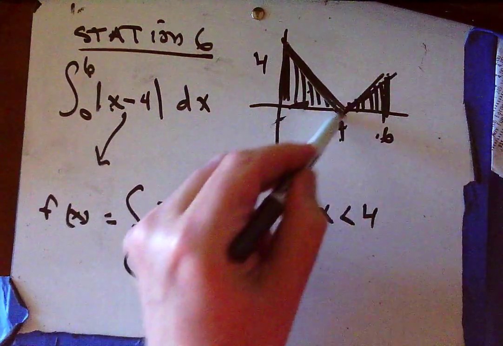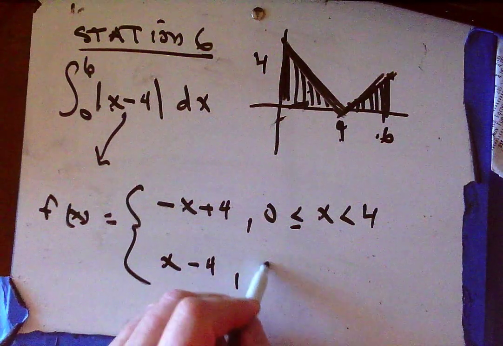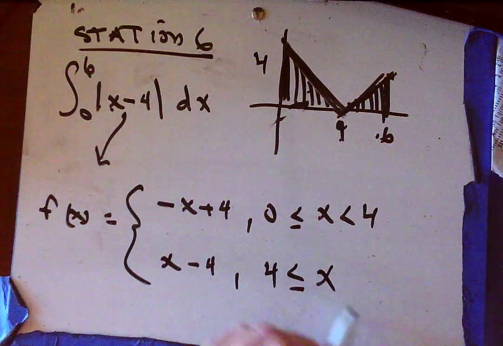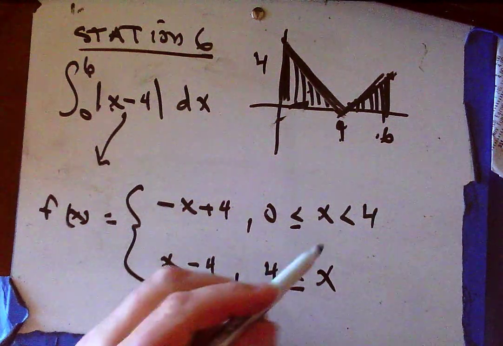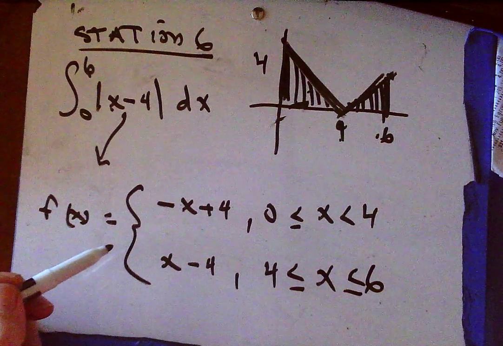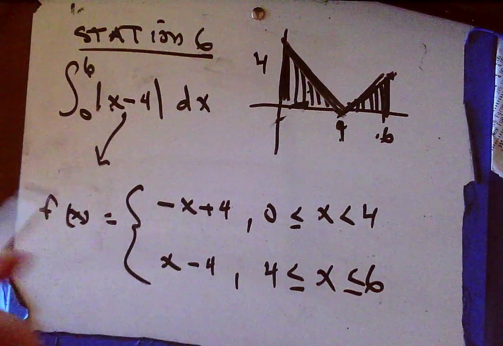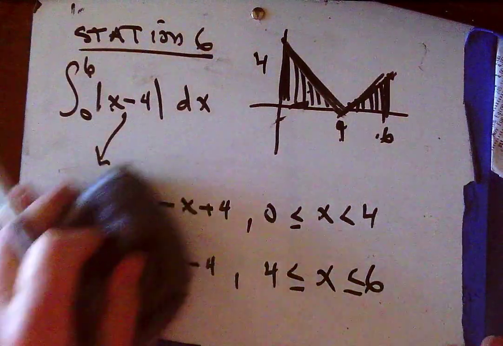And then we've got x minus 4 from 4 on. Oh, I guess it's 4 to 6. And then I could integrate each of these pieces. But really? Oh my god, that's so much time. If I do that, just appeal to the geometry of the situation.